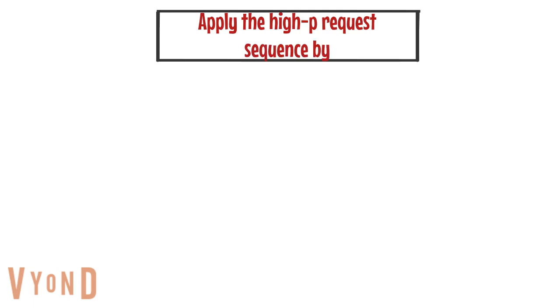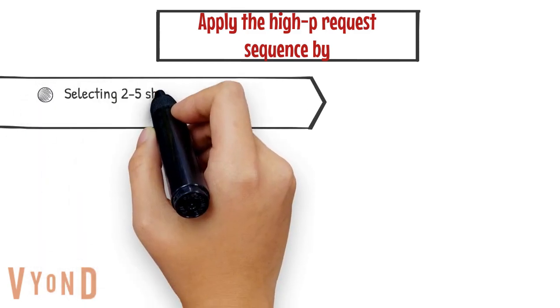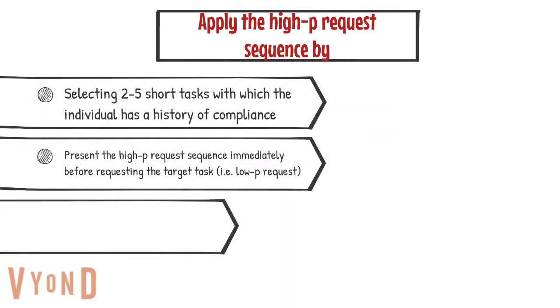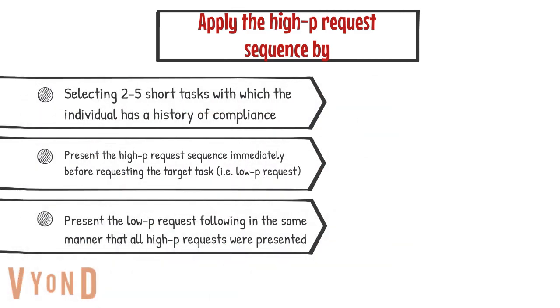And we apply the high P request sequence by doing the following. So the teacher or therapist would select 2 to 5 short tasks with which the learner has a history of compliance or a mastered task. These short tasks provide the responses for the high P requests. Then the teacher or therapist would present the high P request sequence immediately before requesting the target task or the low P request.